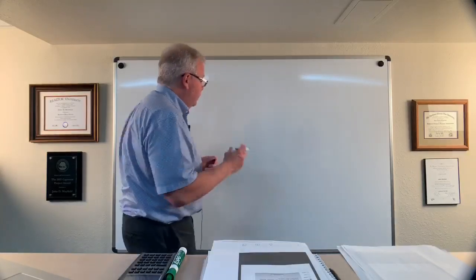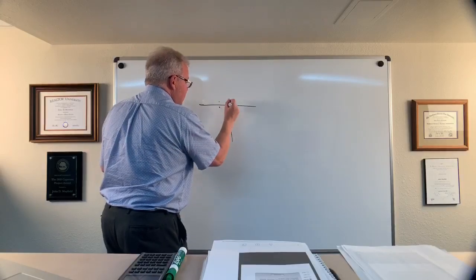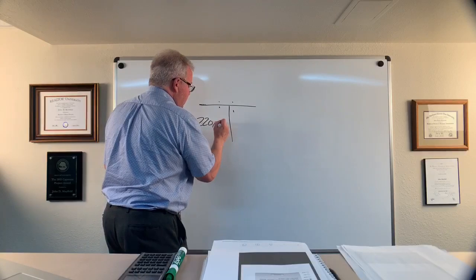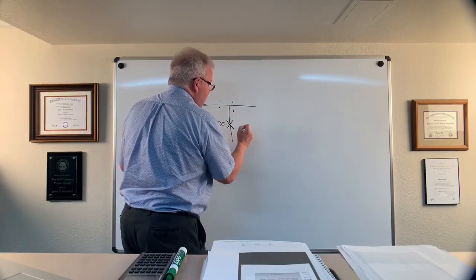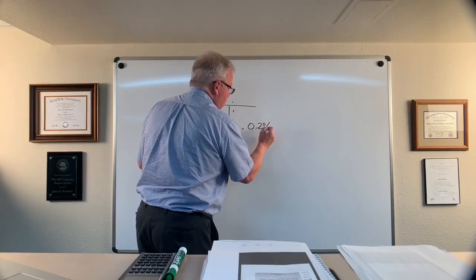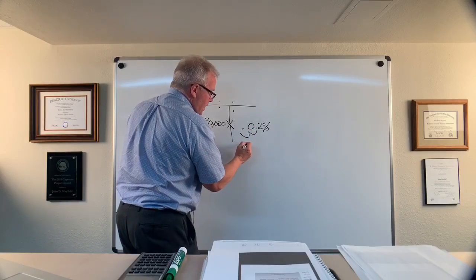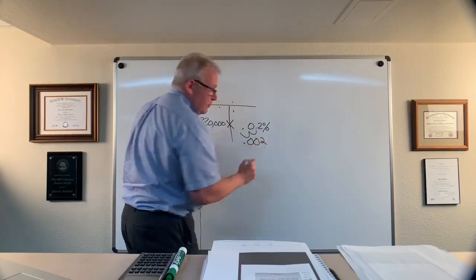Well, all we have to do is take the $220,000, the assessed valuation, times, and it said it was 0.2%. We need to move this decimal over. When we do that, we get 0.002. See that?